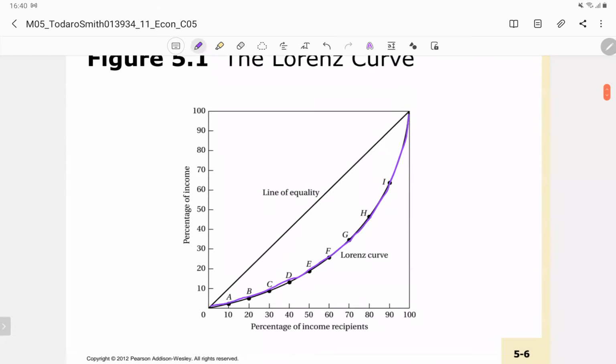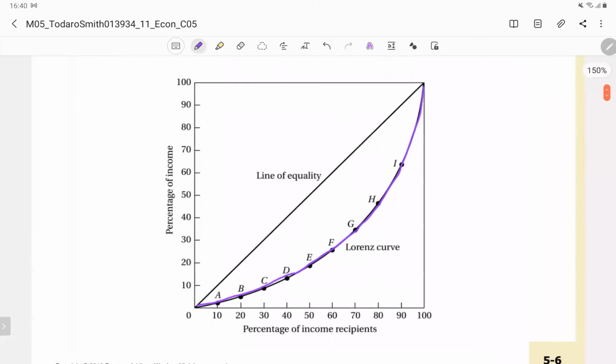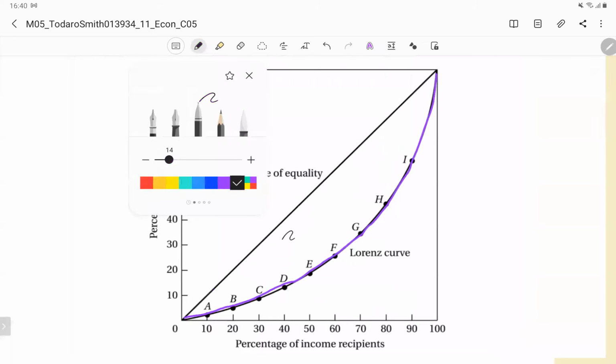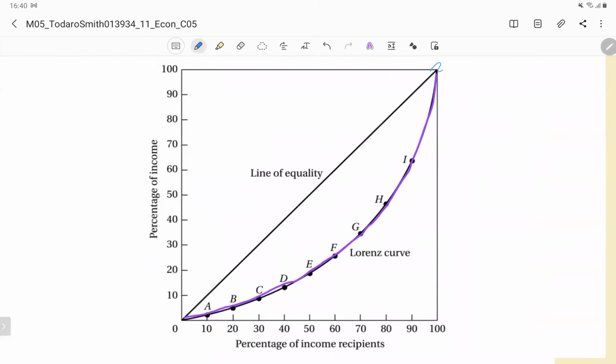The Lorenz curve measures the inequality, and the 45-degree angle here is the line of equality. So the farther the Lorenz curve from the line of equality, it means the society is more unequal. The inequality is quite high, okay?